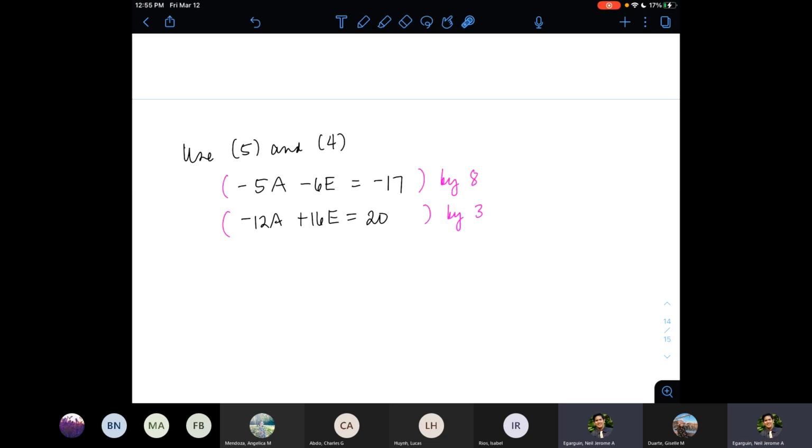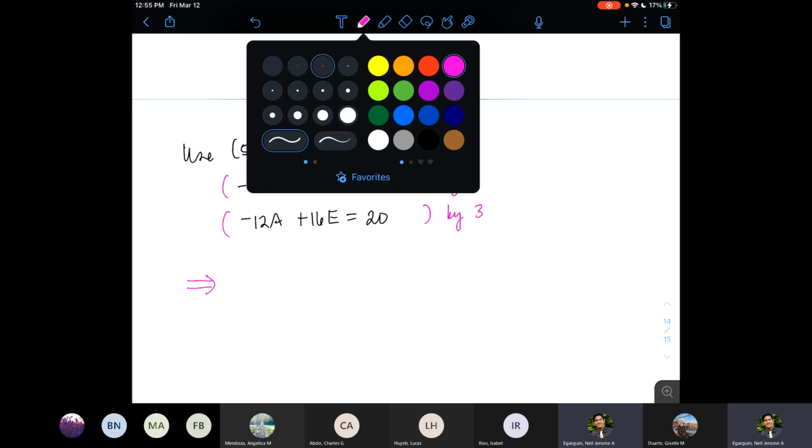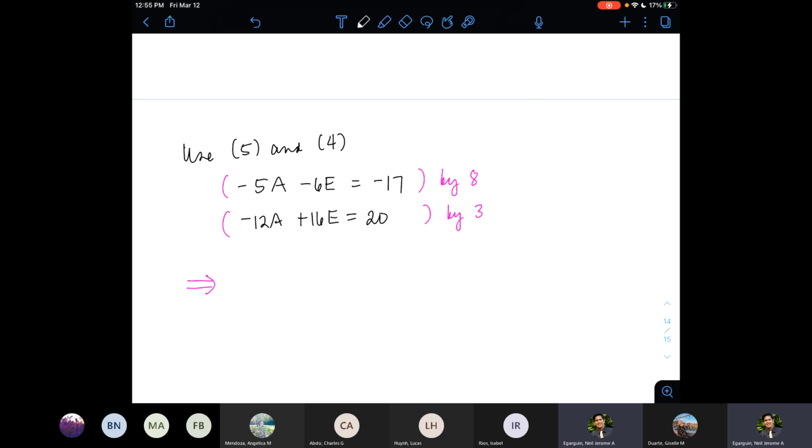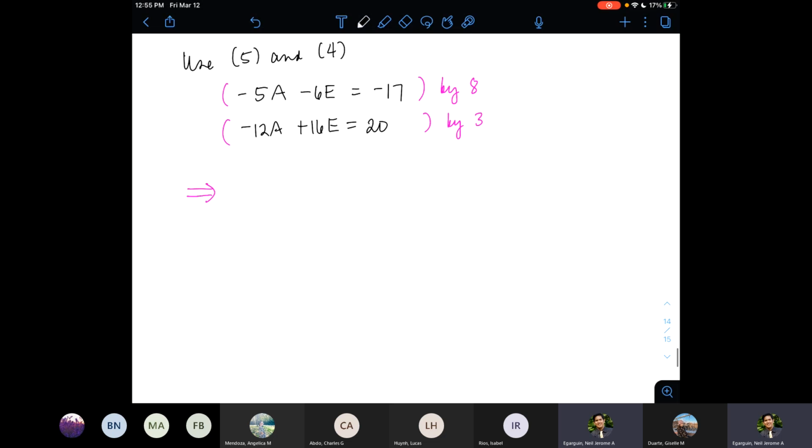That's my choice because I don't want to work with large numbers. But you could also multiply this by -12 and this by 5 so that you can cancel a. That's also fine. It's just my personal preference because that's what I did before. I actually computed it earlier, so that's why I can do it fast.